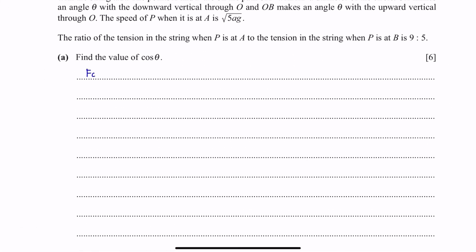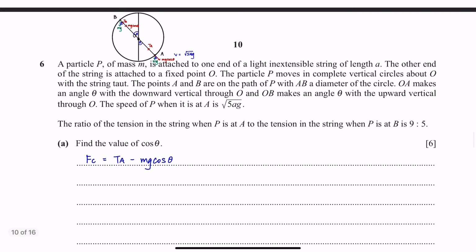So we have centripetal force equals to TA minus mg cos theta. Remember, the centripetal force is always the resultant force, alright? And it's always directed towards the center of circle. So it would be TA minus mg cos theta.